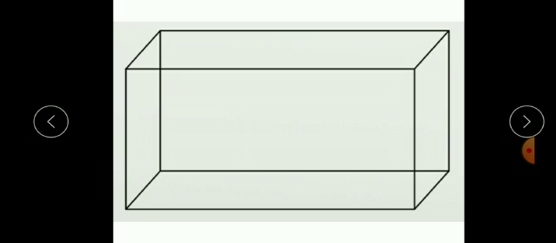Now let's see the number of corners: 1, 2, 3, 4, 5, 6, 7, 8. A cuboid has 8 corners. And the number of faces: 1, 2, 3, 4, 5 and 6. So a cuboid has 6 faces.